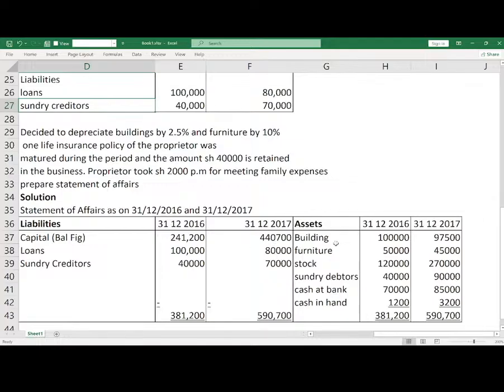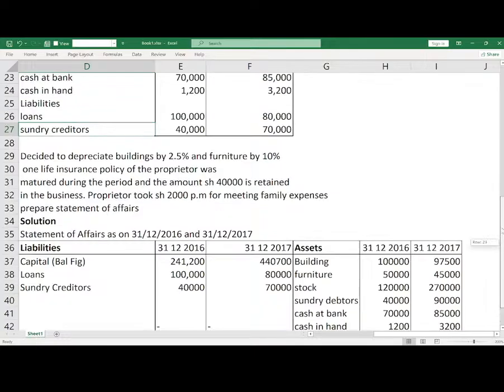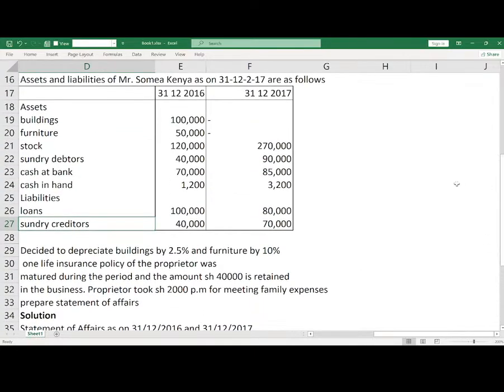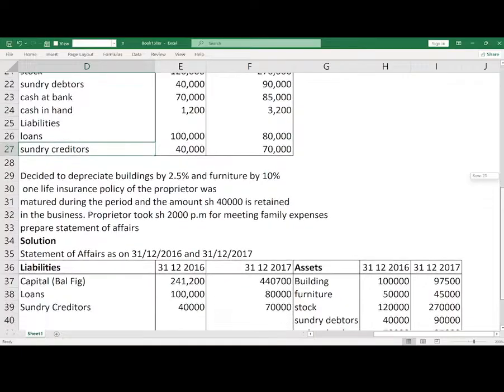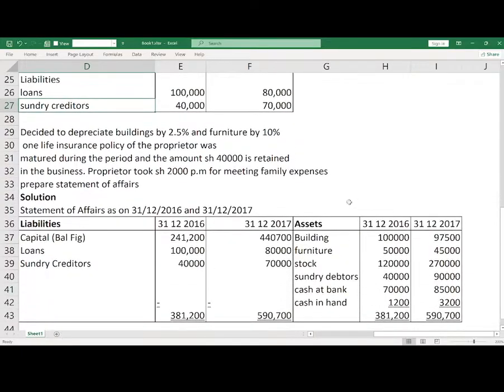And then we have the assets. We are going to bring the assets as they are in the question. So we start with the building. From our question, we have building 100 for 2016. We are told he decided to depreciate the buildings by 2.5% and furniture by 10%.